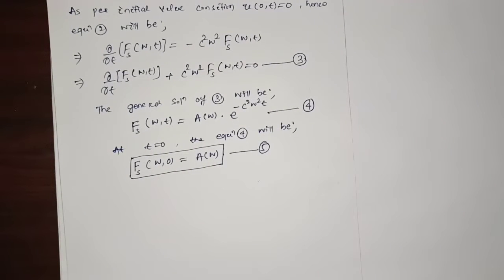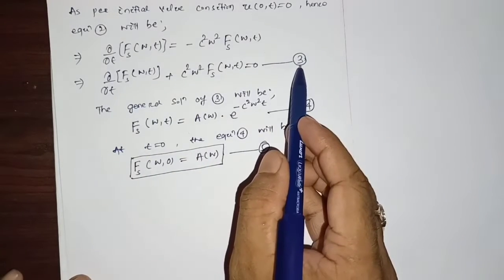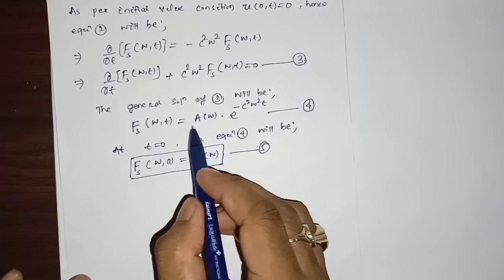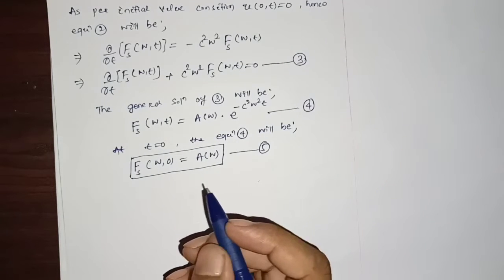Okay, so in your equation number 4, which is the general solution of equation number 3, instead of A(omega) I can write Fs(omega, 0).